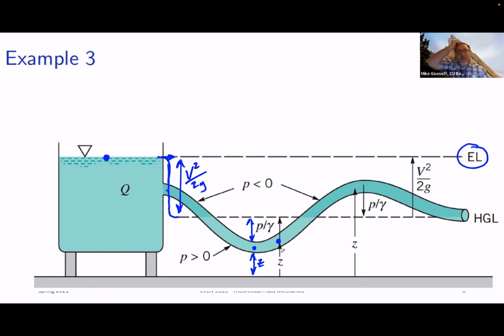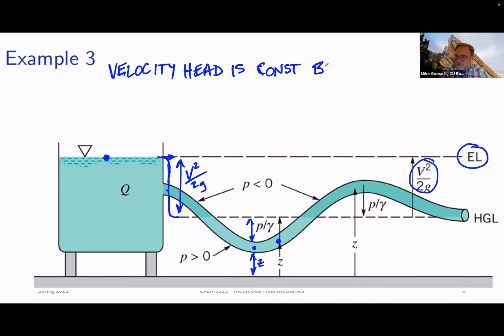Now, the diameter of the pipe does not change. Therefore, V squared over 2g, our velocity head, is constant, because V is constant, and that happens because the diameter is constant.